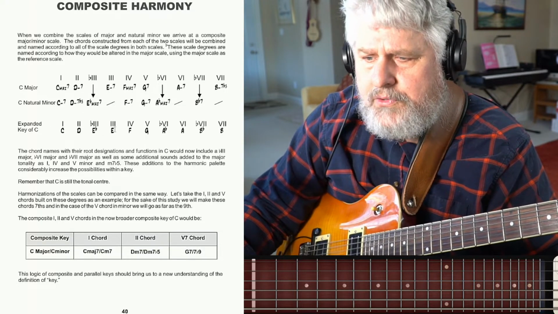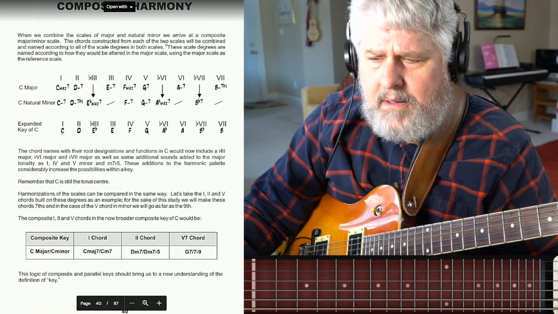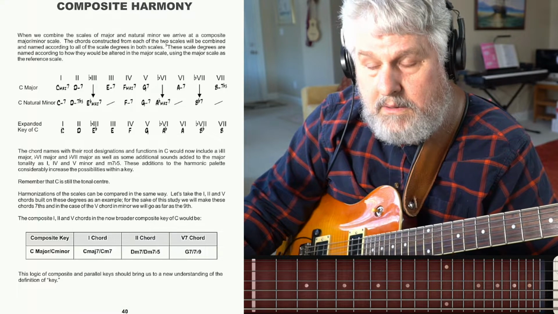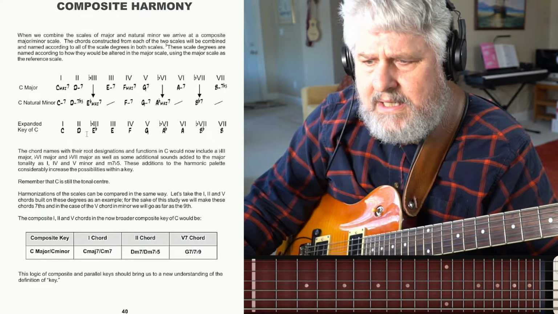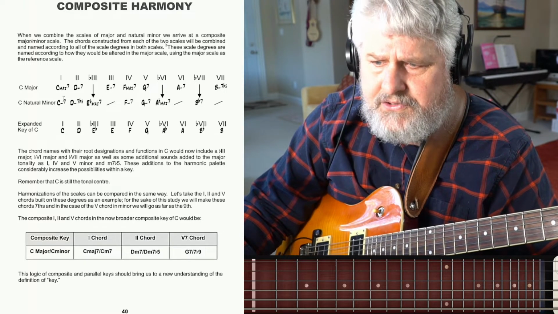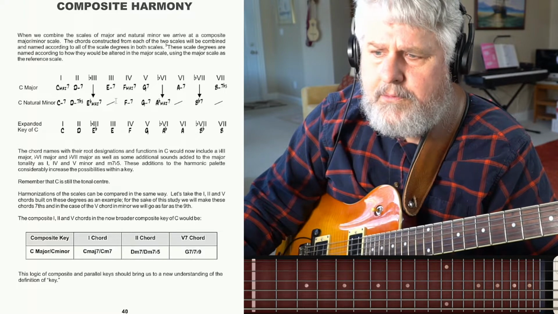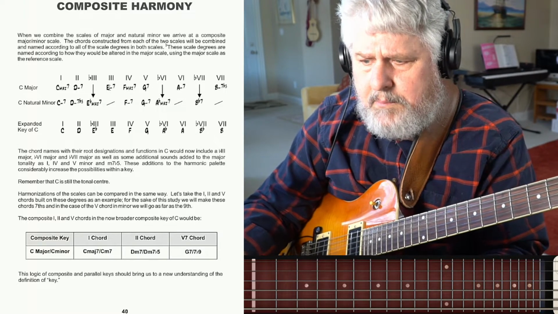But when we put those two scales together, now we have a scale that goes C, D, E flat, right? These are just the single notes, not the chords yet. The E flat comes from the C minor scale, and the E comes from the C major scale. We're compositing these, putting them together.